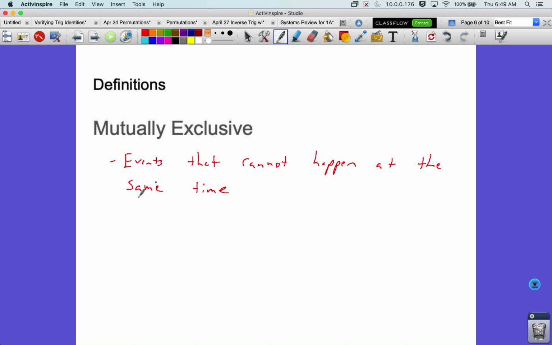So, example, a coin landing heads and tails. All right, heads and tails are mutually exclusive. So a coin landing heads and tails is impossible. So these are the mutually exclusive events.